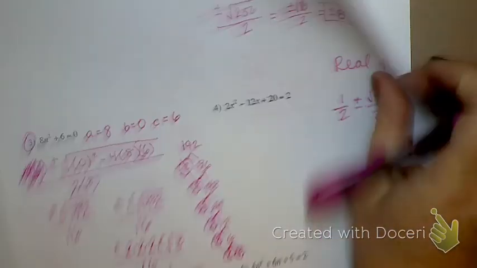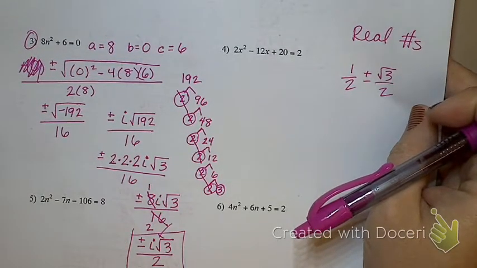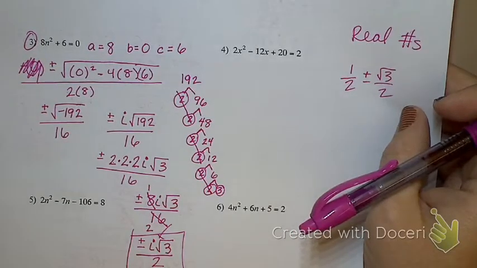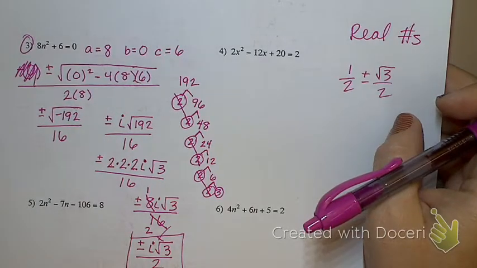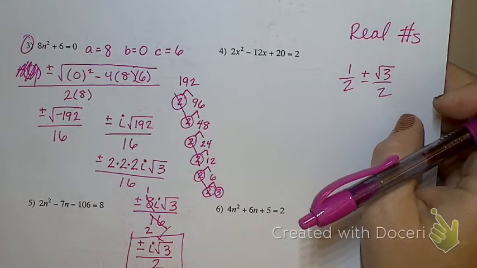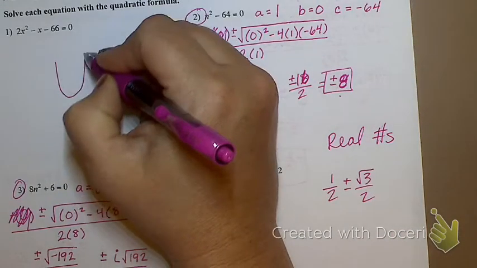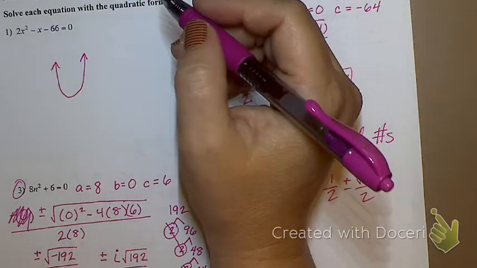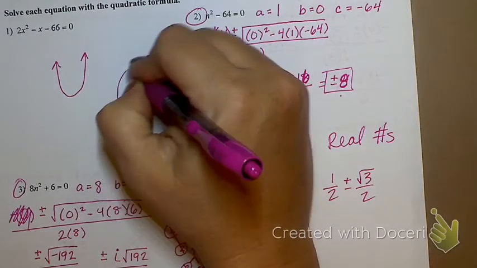And then we have our imaginary ones. What's the difference between a real answer and an imaginary answer, other than the fact that one is a decimal, potentially, and one has an i? Well, it comes down to the graph, which is what we're going to be doing after this chapter, is graphing these. On a graph, every single one of these makes a shape we like to call a parabola. Oh yeah, that would be the mathematical term for it. Either up or down.